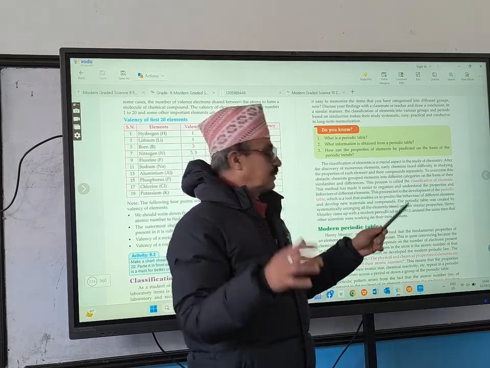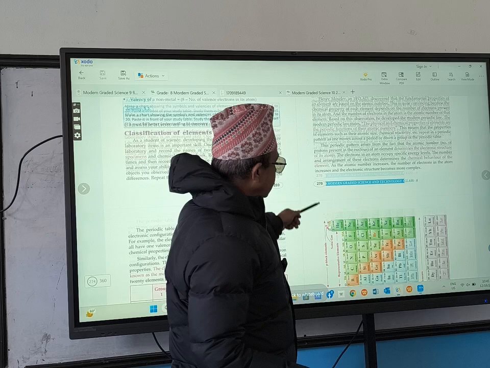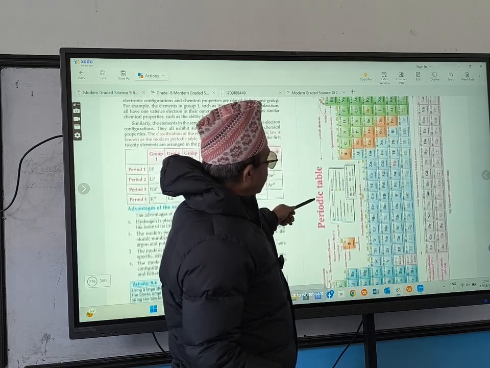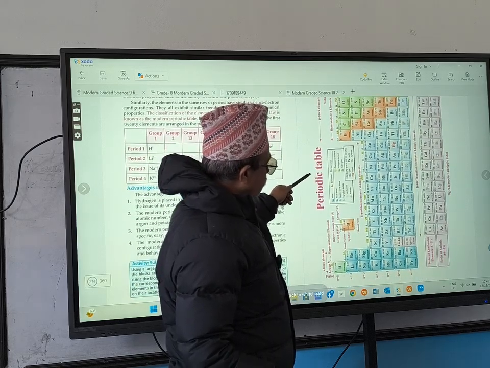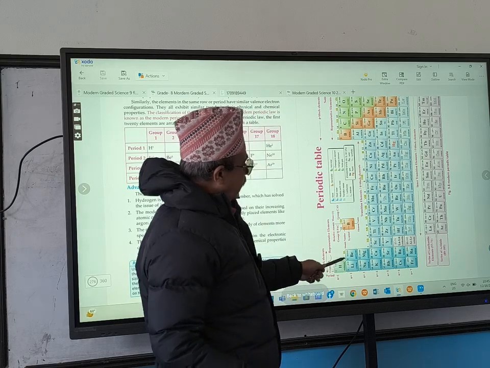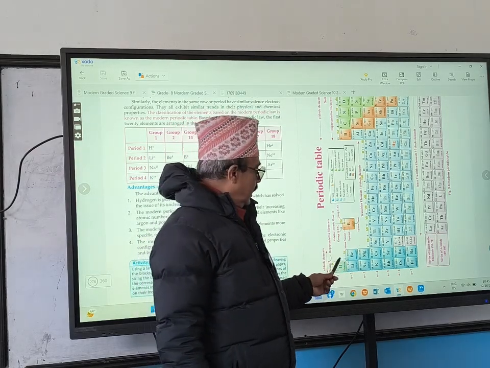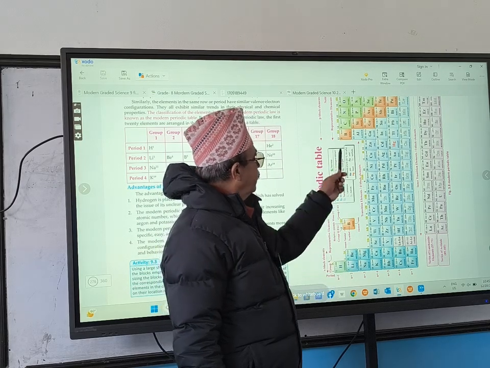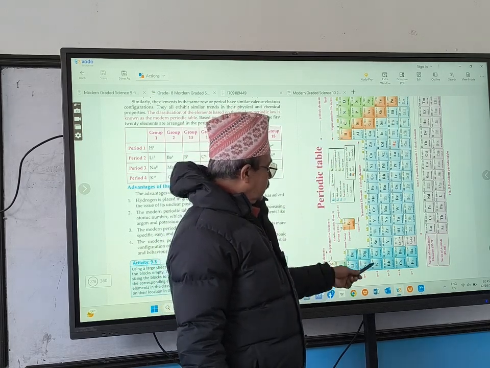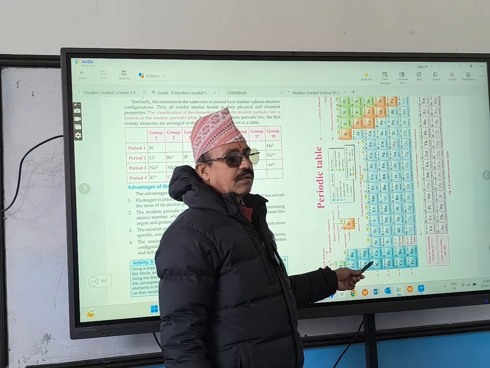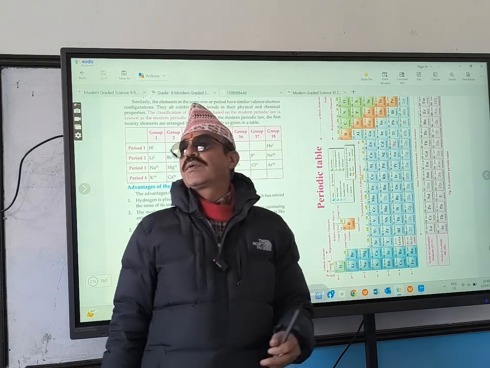Table means chart. So one example of the periodic table is here. Can you see your periodic table? So actually it should be vertical, but here it looks horizontal. Hydrogen, lithium, beryllium, boron, carbon, nitrogen, oxygen, sodium, magnesium, are they kept here? This idea was given by whom?